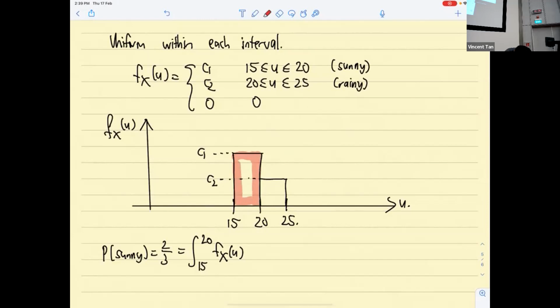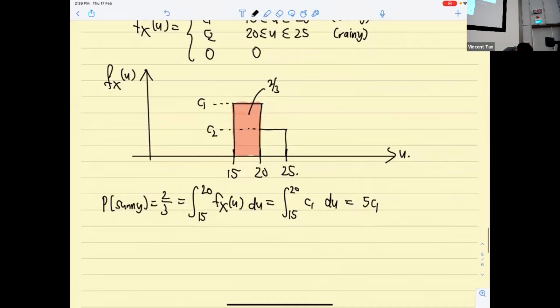This should be 2/3 instead of 1. That's what I'm doing in this calculation. So I have the integral from 15 to 20, but it's flat, so it's C1 du. So this is 5 C1. Hopefully you understand. All right, so now dividing through by 5, we get C1 is 2 out of 15.